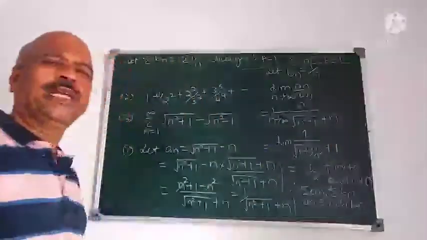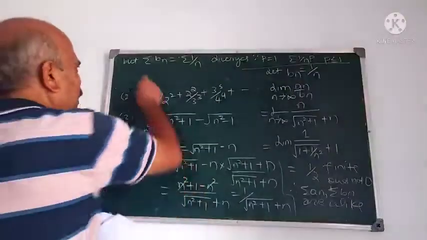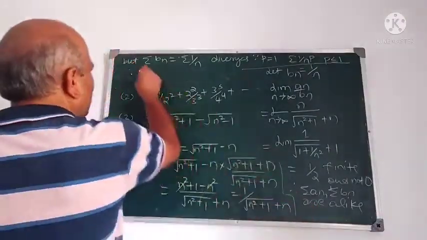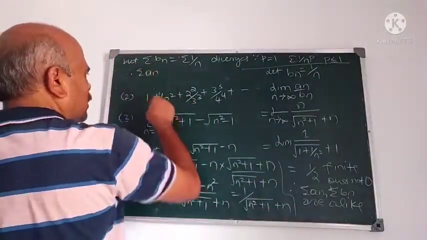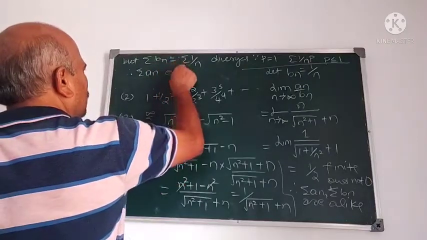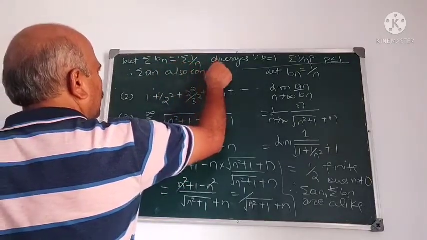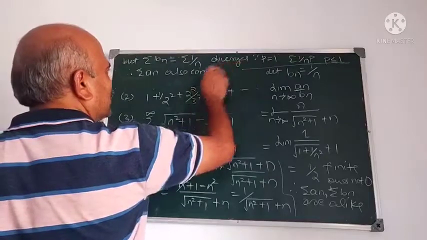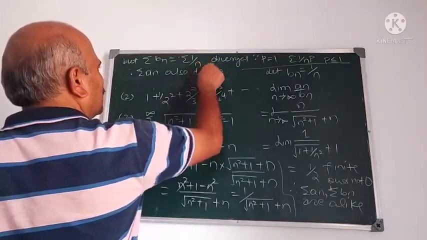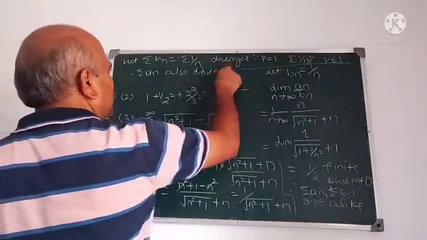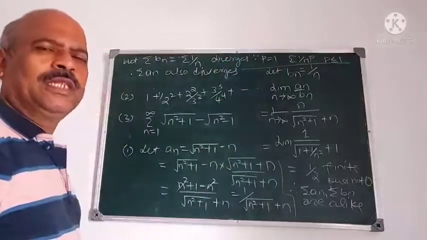Only for p greater than 1 it converges. Therefore, by this comparison test, sigma An, that is the given series, also diverges. So the given series diverges.